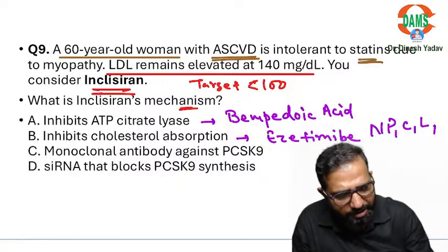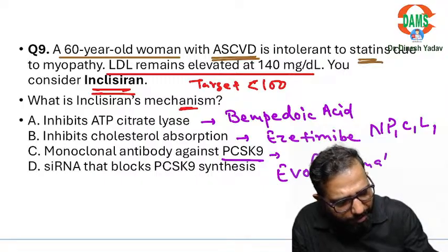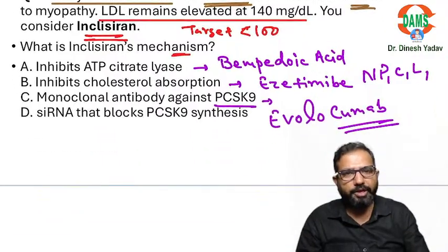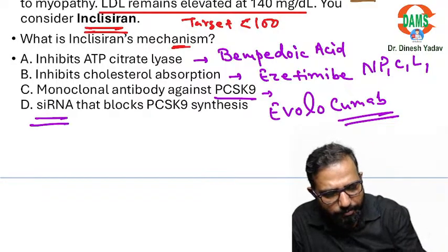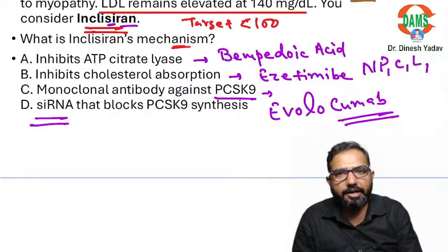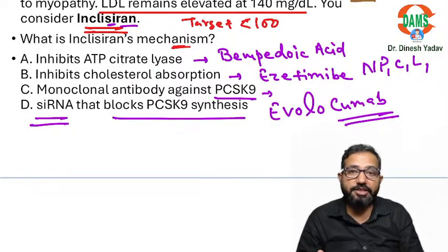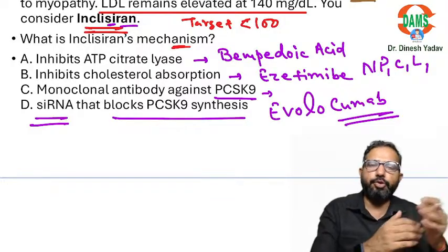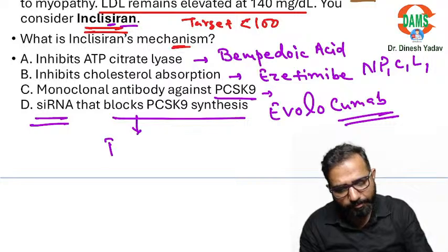Monoclonal antibodies against PCSK9, like evolocumab, alirocumab. So these are the mabs. And this drug is an siRNA. See the name, inclisiran, the 'siran'. So it is an siRNA that blocks the PCSK9 synthesis. The mechanism is similar to evolocumab, but a little bit different.